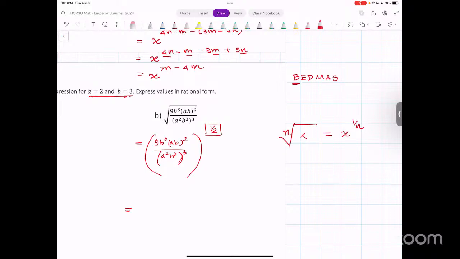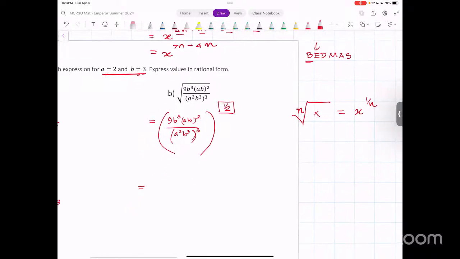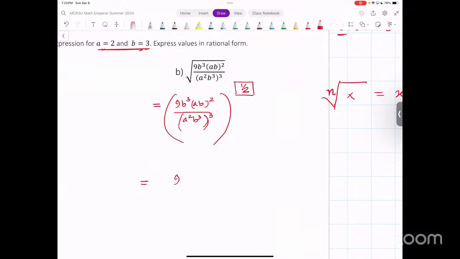Do we do the bracket first? If you do the 1/2, you're doing the exponent, but we didn't do the bracket first. There's something inside the bracket, so you have to simplify that. Let's work with that. So 9b cubed: exponent 2 will be distributed here, a to the power of 2, b to the power of 2. This 3 will be distributed here, a to the power of 6, b to the power of 9.